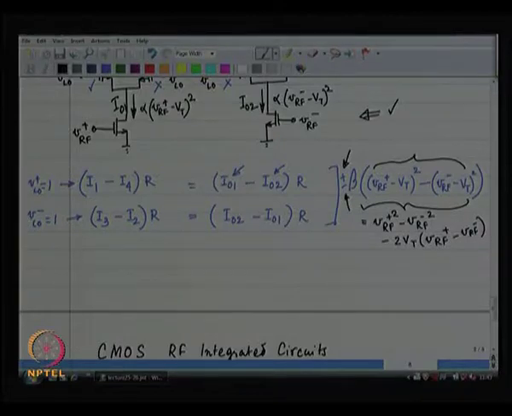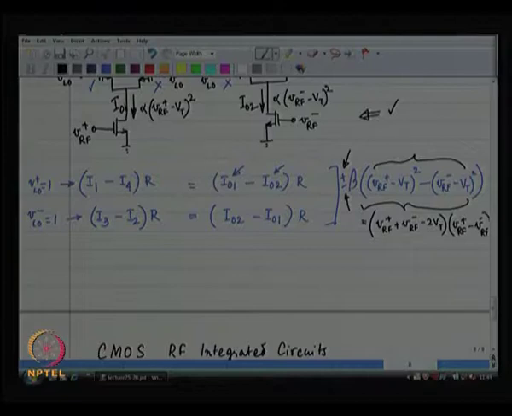Or rather you could also represent it as a squared minus b squared is a plus b times a minus b, right.